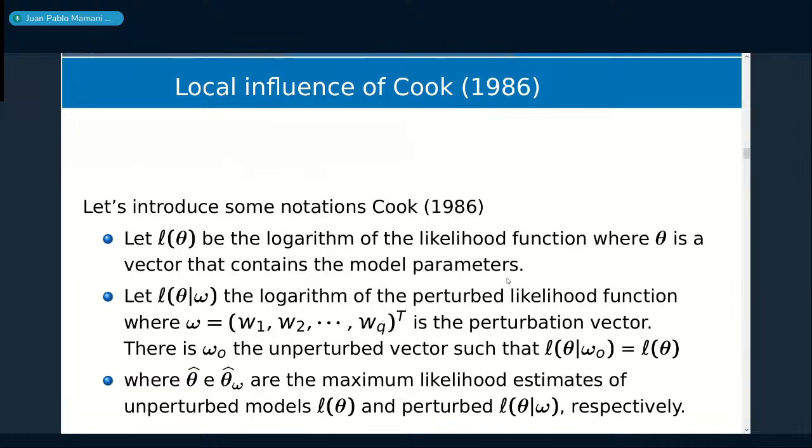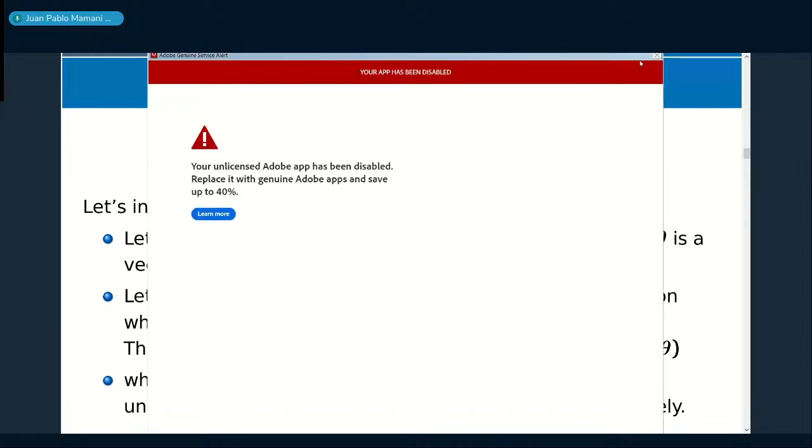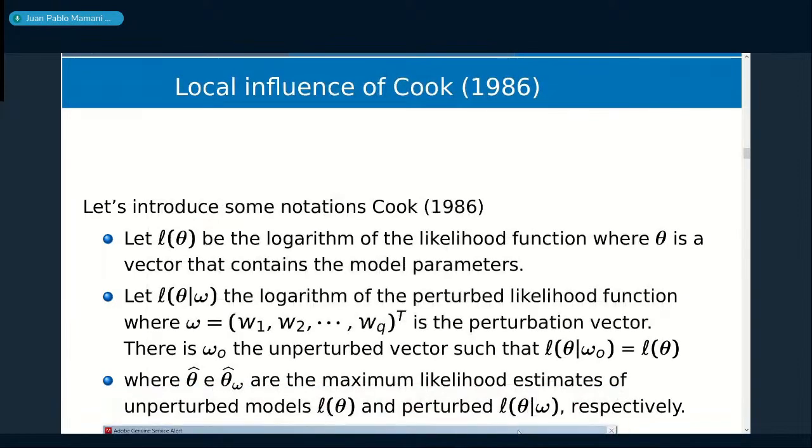It consists of evaluating, through an appropriate measure of influence, the robustness of the estimates provided by the model under minor or small perturbations applied to the model or the data, for example the response or covariables. Let us introduce some notation.